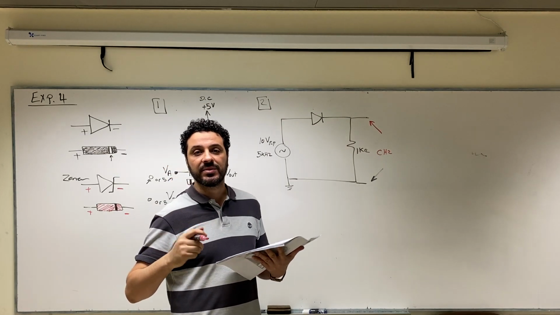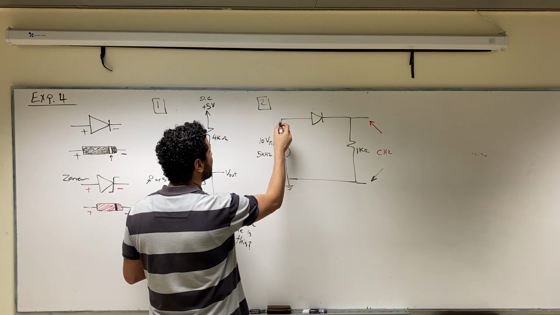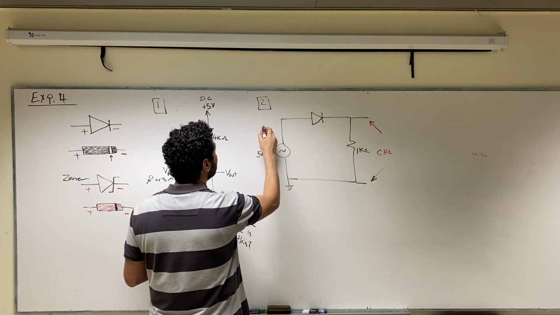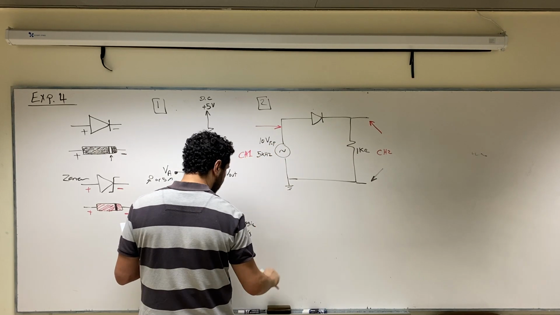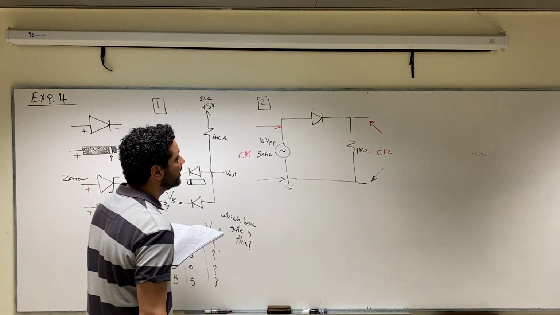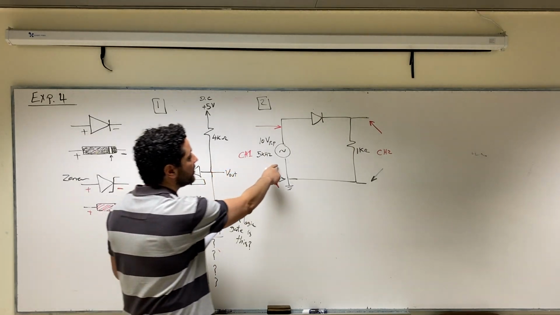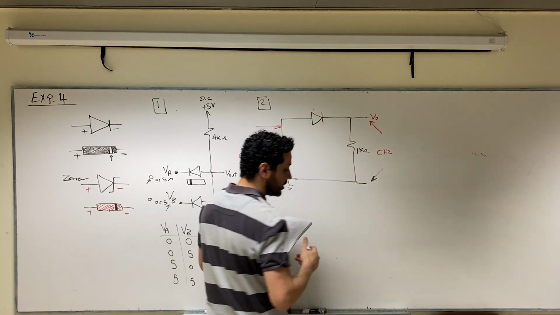We said many times before that by default, channel 1 is connected to the input source, to the function generator. So now we have channel 1 to the input, channel 2 to the output. This is our output voltage.